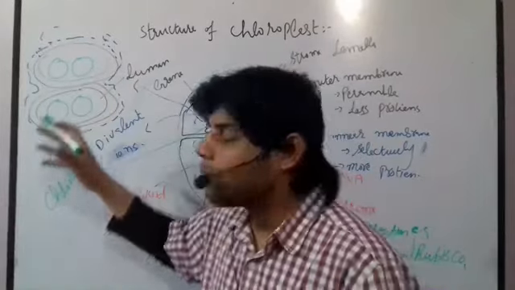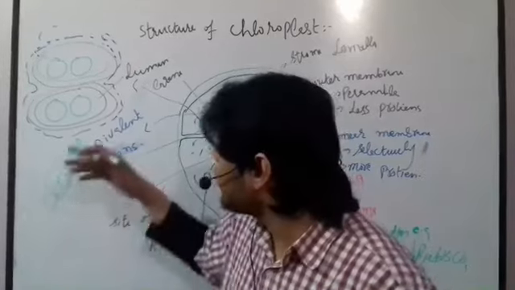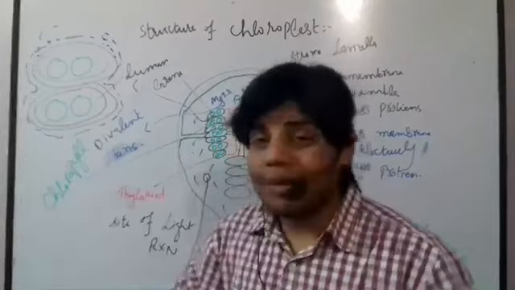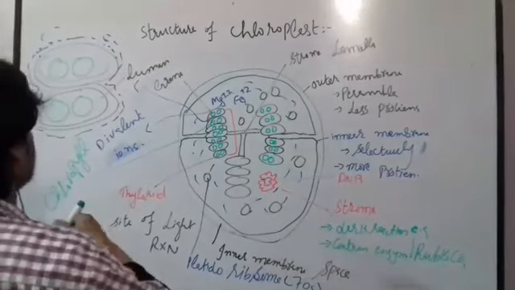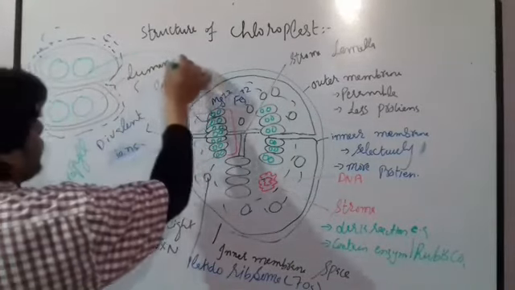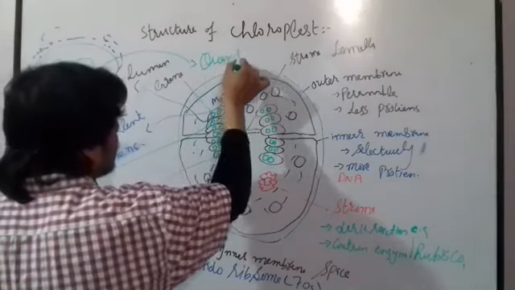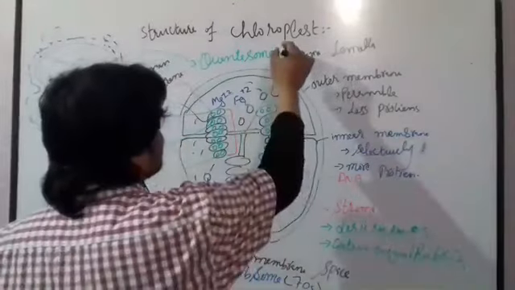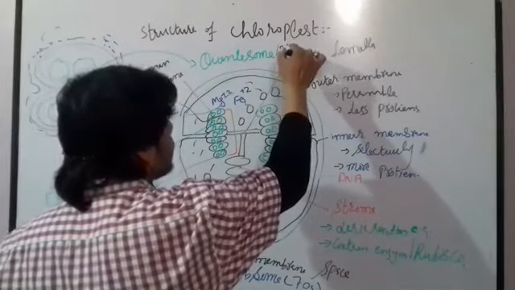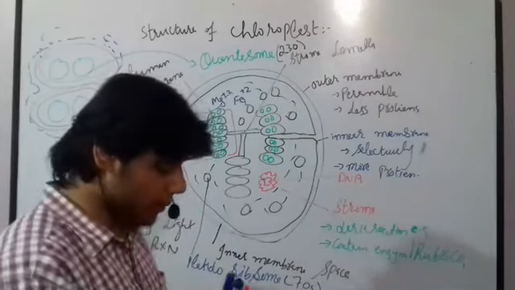All these molecules are connected to each other, and we call that quantasomes. Each quantasome has actually 230 pigments.